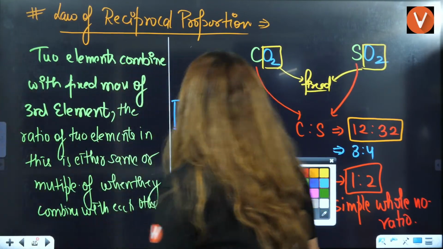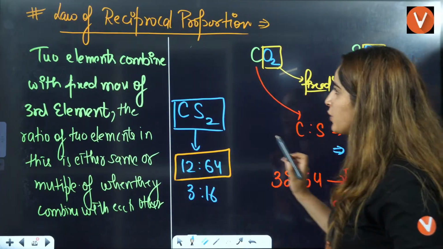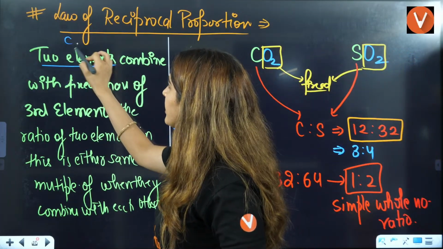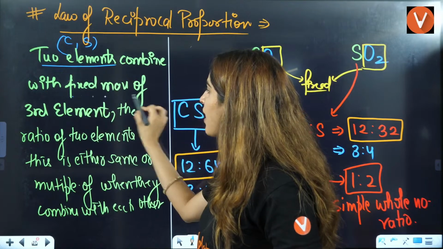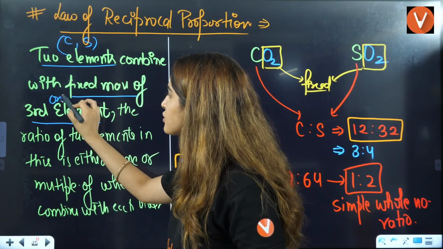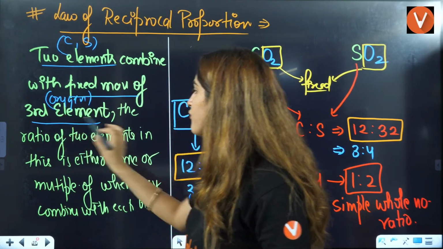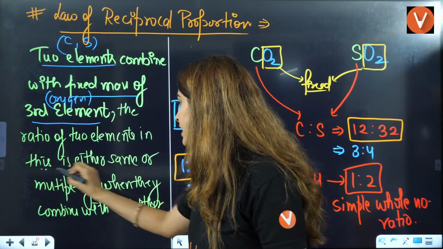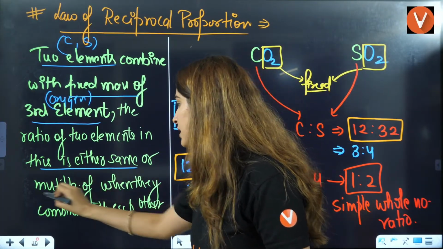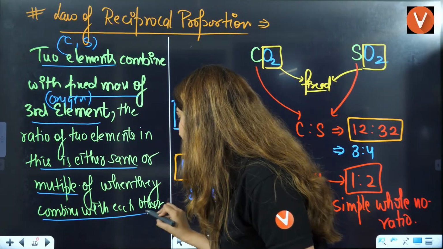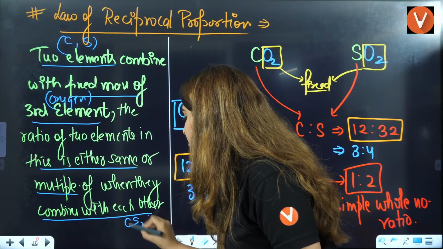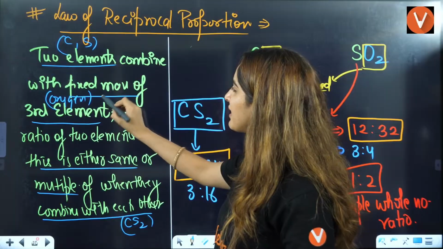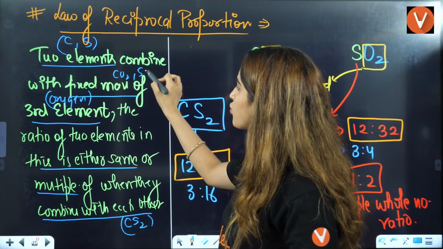Okay. So here I can also give you that what I am telling you here, two elements I am taking, carbon and sulfur, fixed mass of third element I am taking as oxygen, right? So when the ratio, two elements in which they are either same or multiple, or when they combine with each other, that means when they are forming CS2, here they are making CO2 and SO2, right?